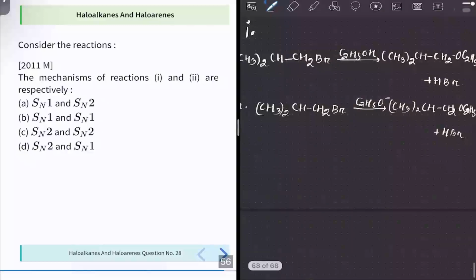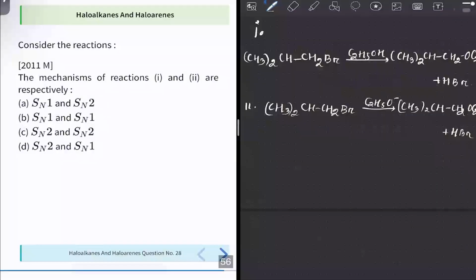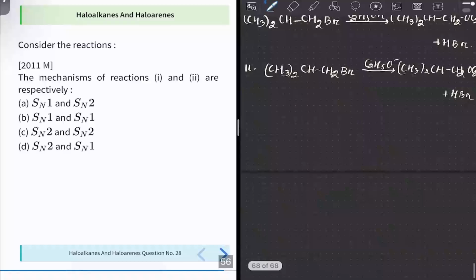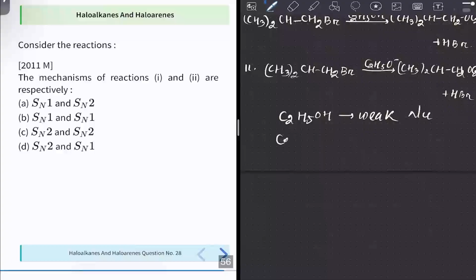That is C2H5OH in the first reaction and C2H5O minus in the second. So what will be the basis for categorizing it into SN1 or SN2 reaction? That is the strength of the nucleophile. In reaction 1, the nucleophile given is C2H5OH, a weak nucleophile. In reaction 2, it is C2H5O minus, a strong nucleophile.